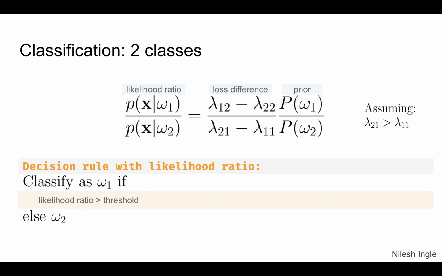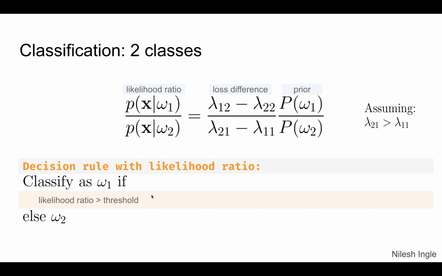Moreover, we can also use likelihood ratios. So here we have the likelihood ratio on the left hand side, the likelihood for class 1 divided by class 2. And on the right hand side, what we have are the priors that are weighted by the loss difference.